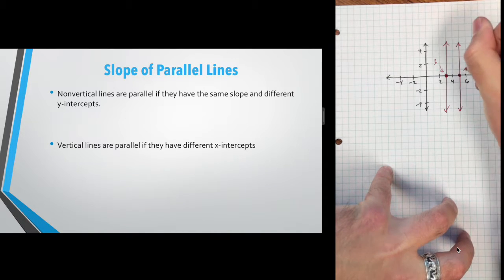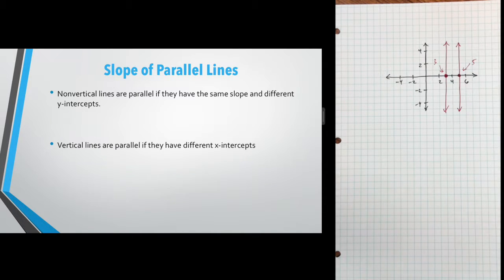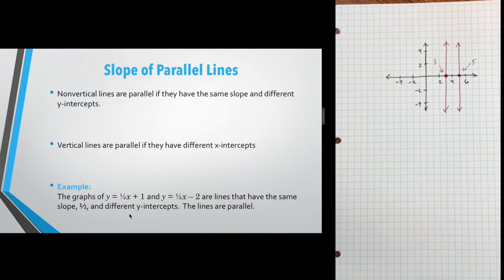3 and 5. So non-vertical lines are parallel if they have the same slope and different y-intercepts. Vertical lines, like what I've just drawn for you, are parallel if they have different x-intercepts. And then lastly, the graphs of y equals 1/2 x plus 1 and y equals 1/2 x minus 2 are lines that have the same slope, which is 1/2, yet different y-intercepts.